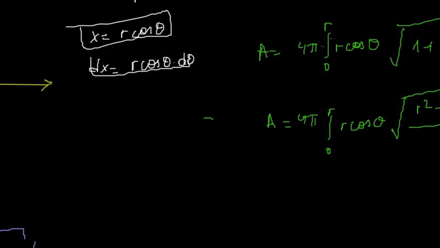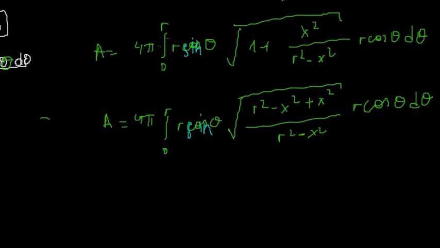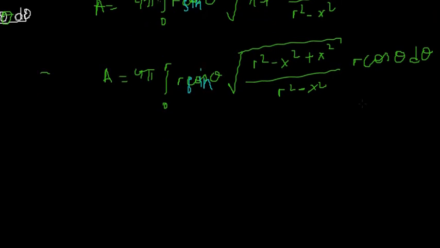Wait, dx here is r cosine of theta, no, dx is r sine of theta. I'm sorry, my mistake. So in this case, for x equal to r sine of theta, and here is also sine of theta, so this one is cancelling out.